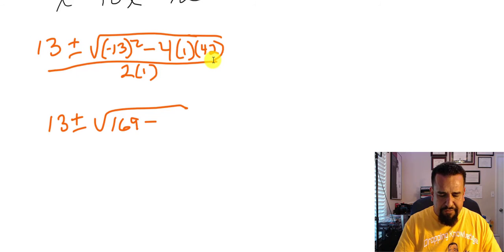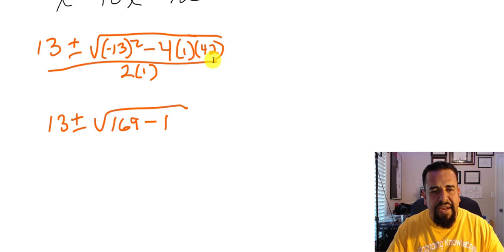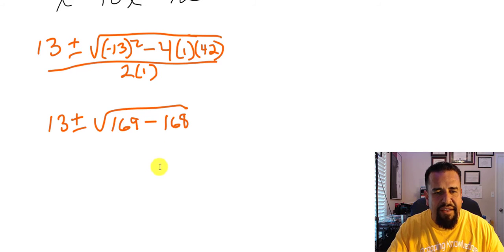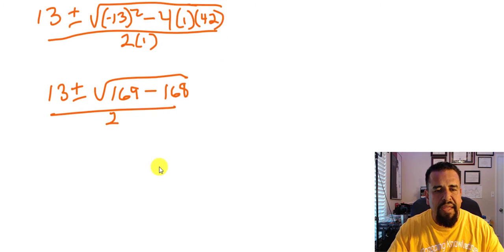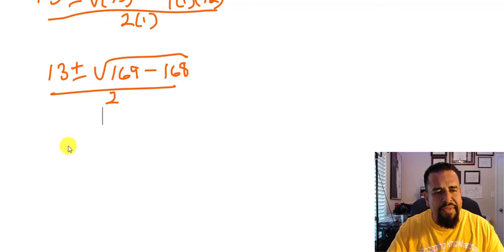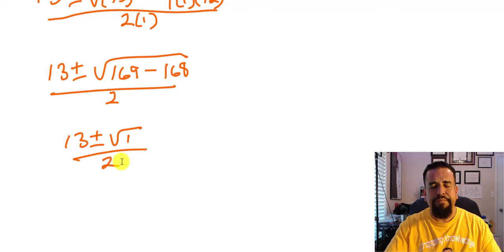That's going to give me 168. So now I have 168, and it was a negative 168. That's why I left that minus sign there. And all this, again, gets divided by 2. Well, now, as you can see, what I really have is 13 plus or minus the square root of 1, all divided by 2.